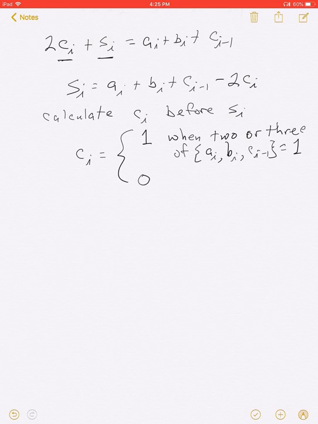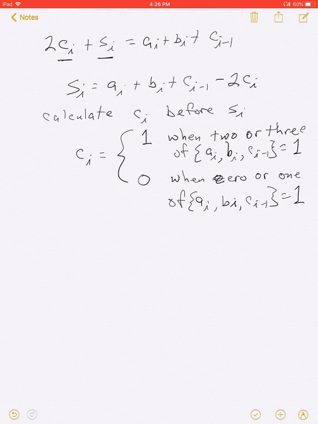And Ci is going to be equal to 0 when 0 or 1 of Ai, Bi, Ci minus 1 equals 1.